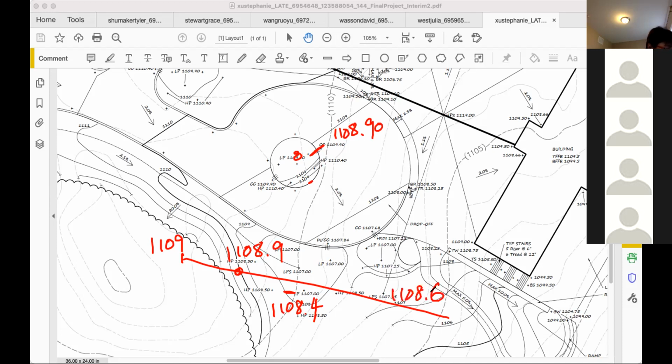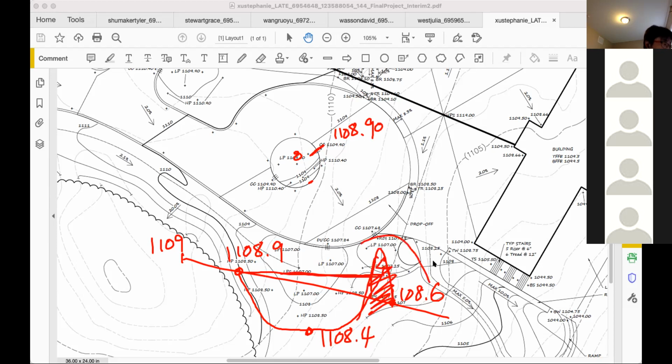So the bottom would be down below here at 1108.4, right? So you don't really have another contour unless you do a ridge. So this is going to be like this, right? Mm-hmm. And then we need a berm here in order for water not to flow out of here, right?